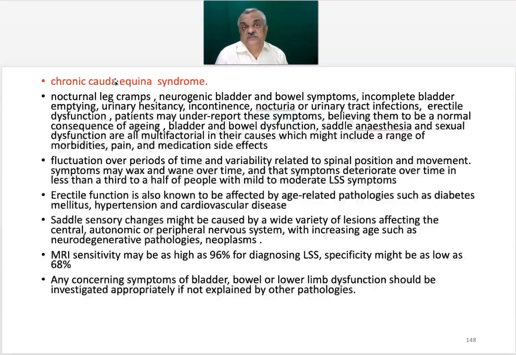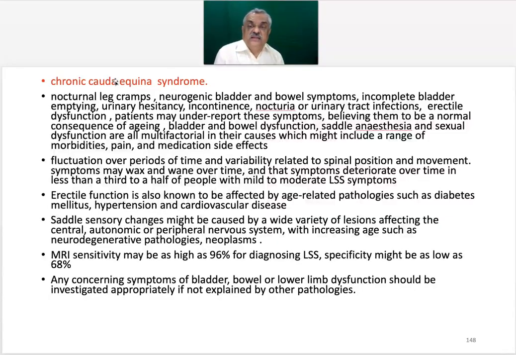These could be the complications. Now, the first thing which we start with understanding in patients of stenosis is chronic cauda equina syndrome. Let us understand that when we talk of cauda equina, it is almost always thought about as an acute problem.